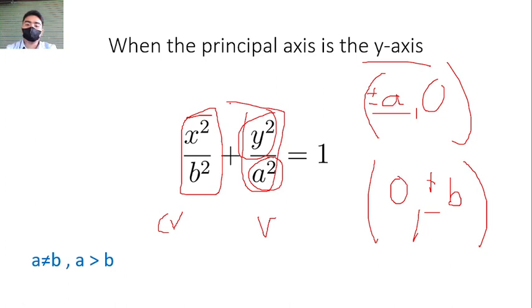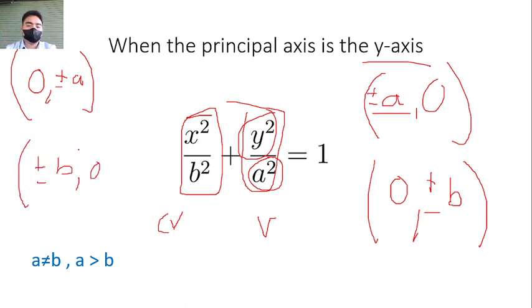But this time, you are going to interchange it. You're going to add and subtract A on your y-axis, and you're going to add and subtract B on your x-intercept. Same goes with the focus. Our focus is our C, so we're going to add and subtract C on the y-intercept.